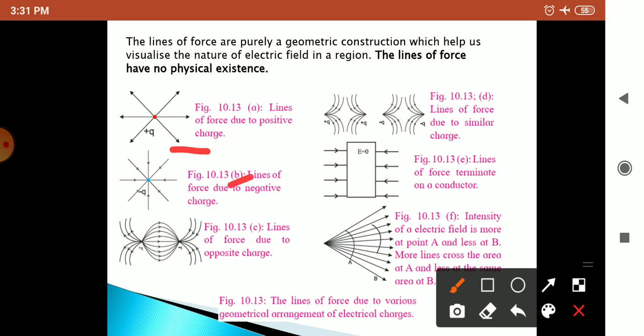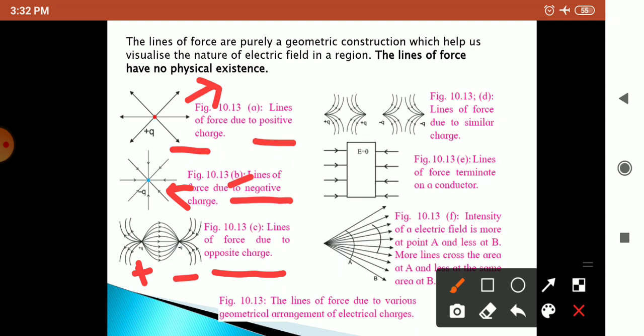Then in B, lines of force due to a negative charge. When it is positive, the direction will be outward. When it is negative, the direction will be inward. Then lines of force due to opposite charges: at positive and negative they gather and again move on.